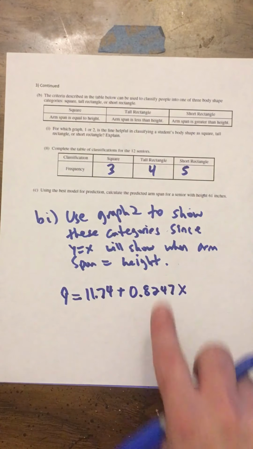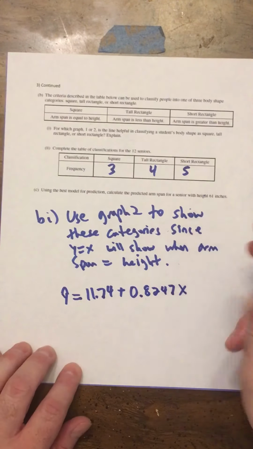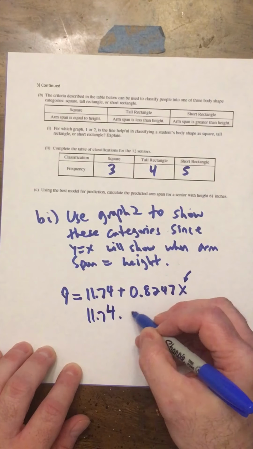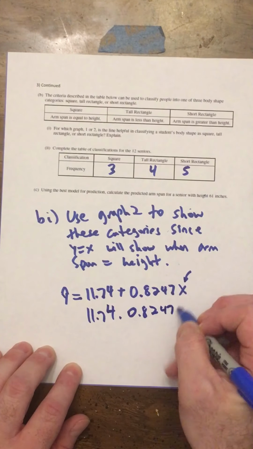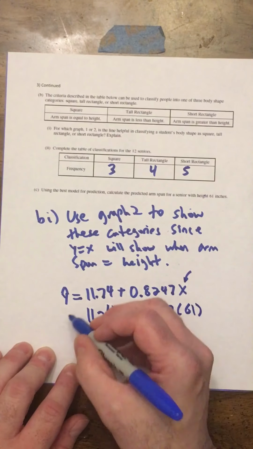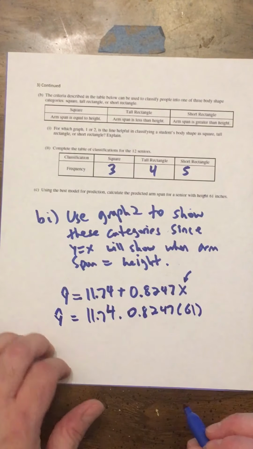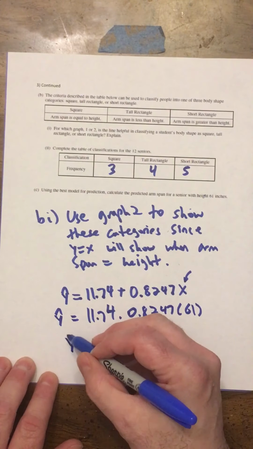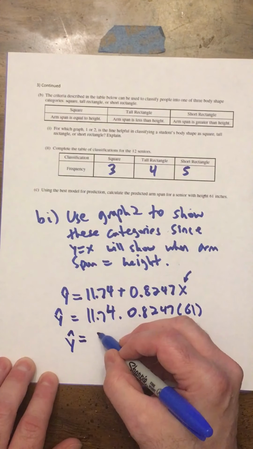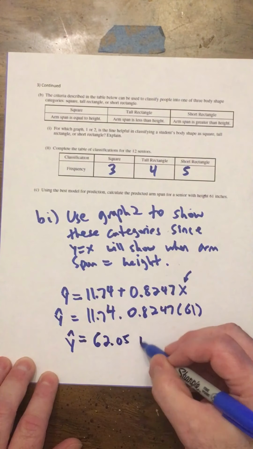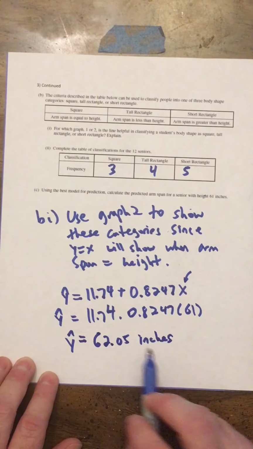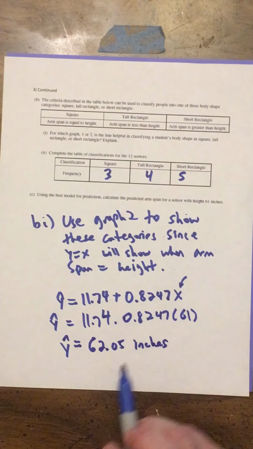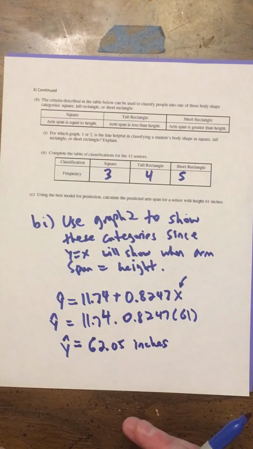Now, if you want to figure out a height of 61 inches, where x represents height, you would just plug in the height of 61, and you get your y hat, which will equal 62.05 inches. And I would actually literally write out the predicted arm span. The predicted arm span is 62.05 inches.